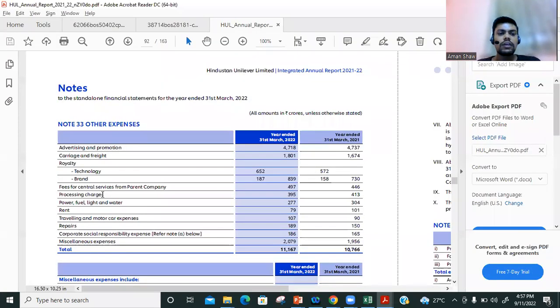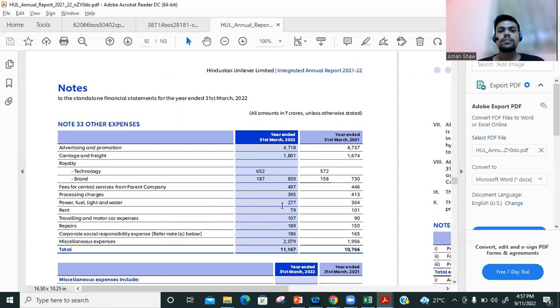Suppose here it is written power, fuel, light, and water. If you check the trial balance of the organization, there might be a separate GL for power expense, a separate GL for water expense, a separate GL for rent and fuel expense. All these figures get clubbed, and what you're seeing is 277 lakhs on the face of the notes.